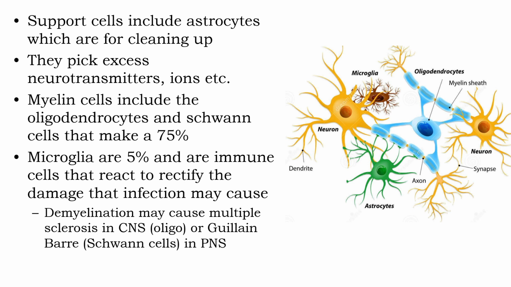So please make sure of this: the oligodendrocytes are inside the CNS, and the Schwann cells are on the peripheral end. Even the diseases due to demyelination have different names. Multiple sclerosis involves oligodendrocytes, and Guillain-Barré involves Schwann cells.